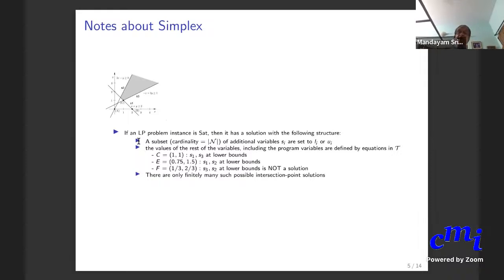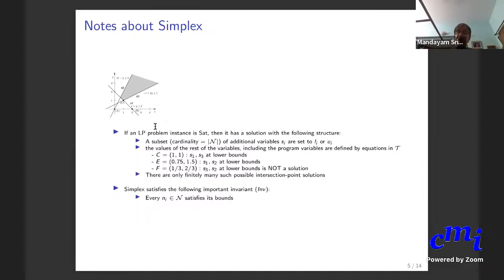And that is another thing that is important to ensure that it terminates.